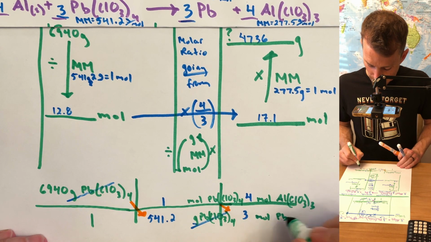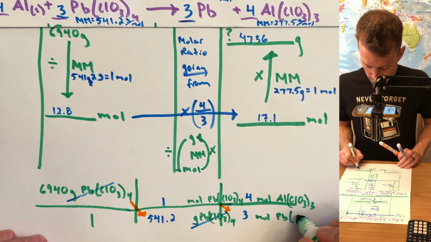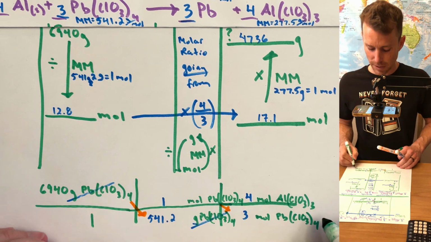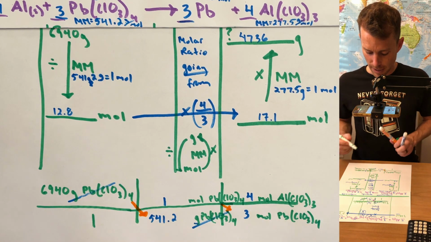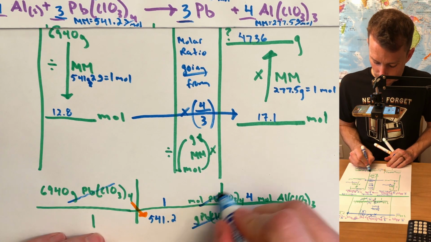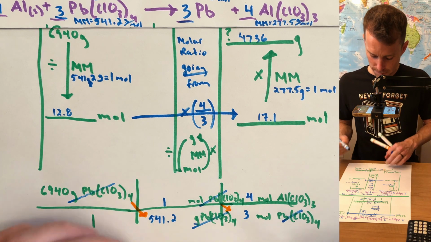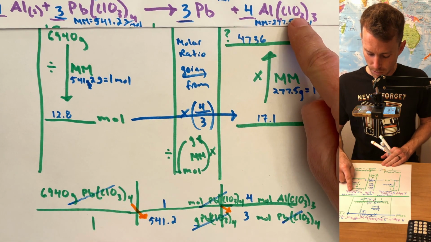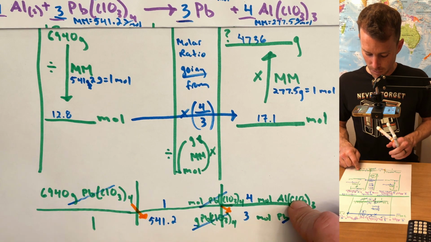Moles of lead ClO3, 4. Moles of lead chlorate. All right, so that cancels moles of lead chlorate with moles of lead chlorate. And now I'm in moles of aluminum chlorate. So moles of aluminum chlorate.